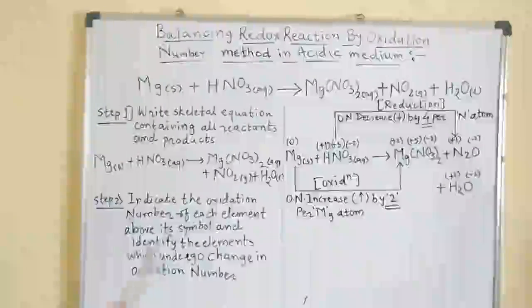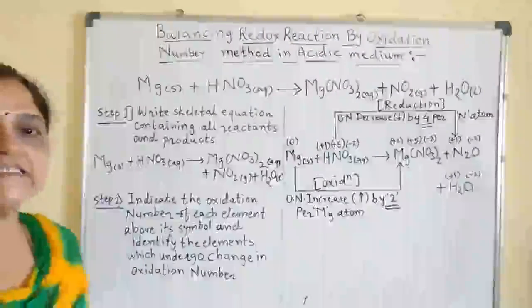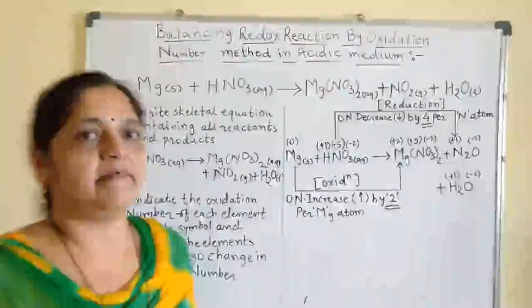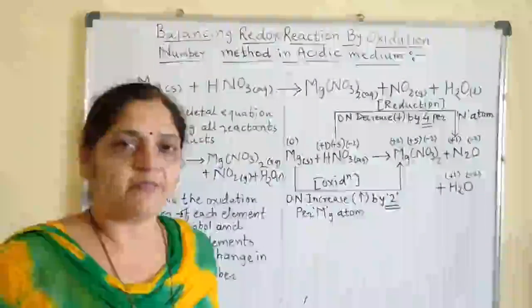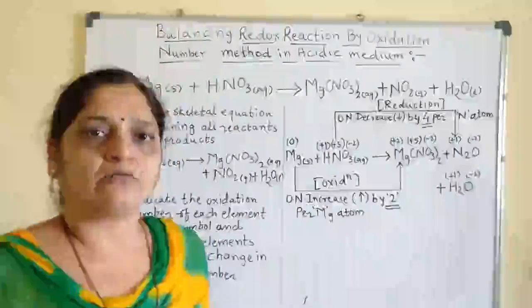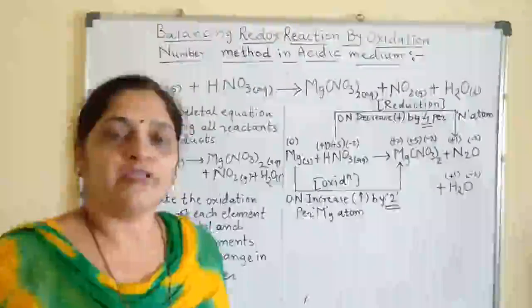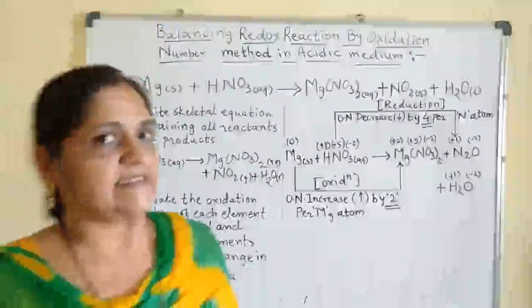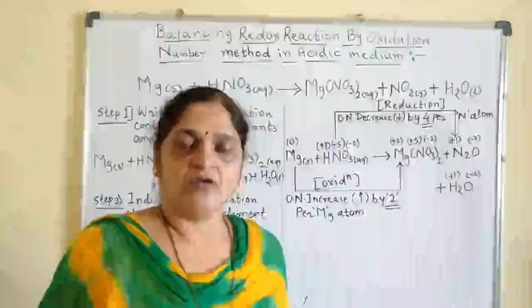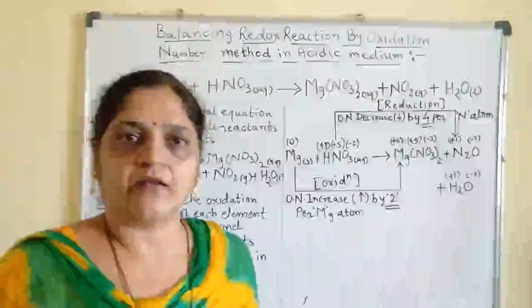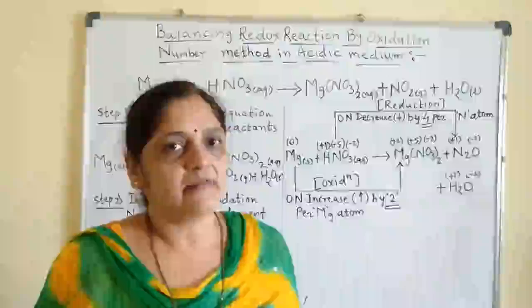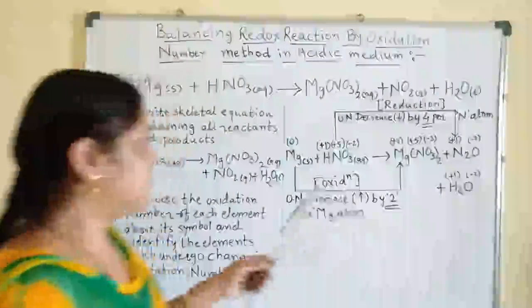You have to write the oxidation number of each and every atom on the reactant side and product side, and identify which atom shows a change in oxidation number, so that you get the idea which element is undergoing oxidation and which element is undergoing reduction.